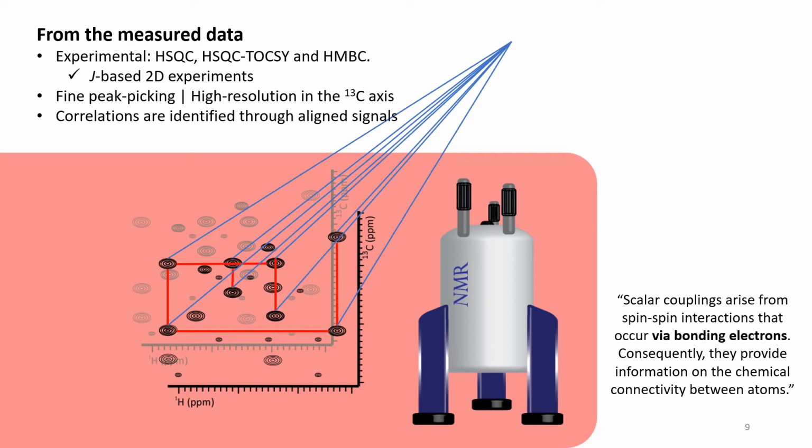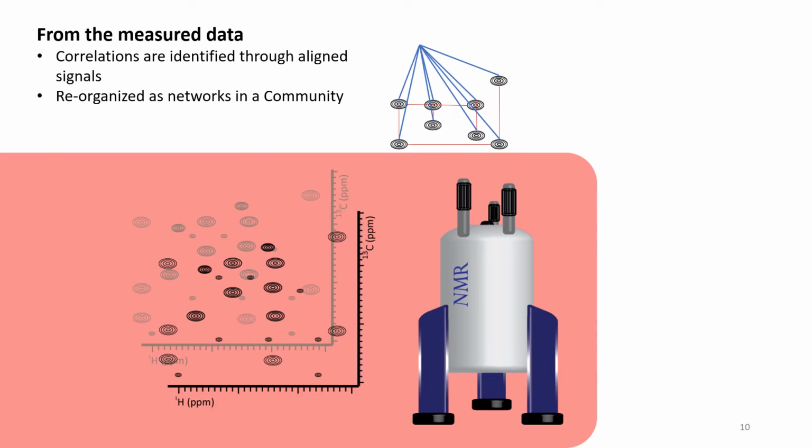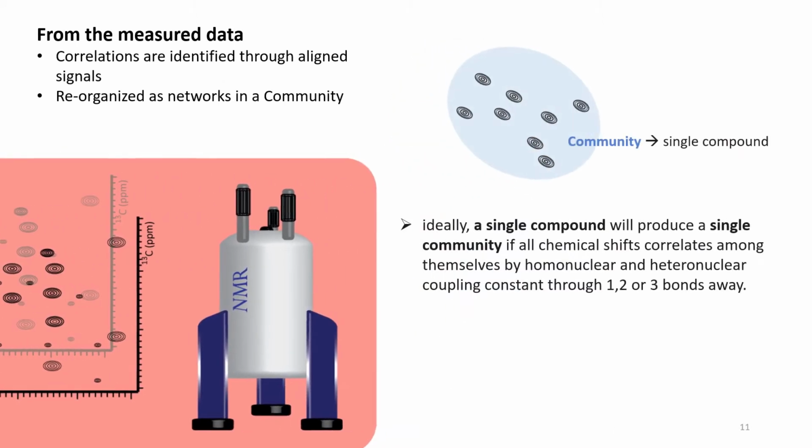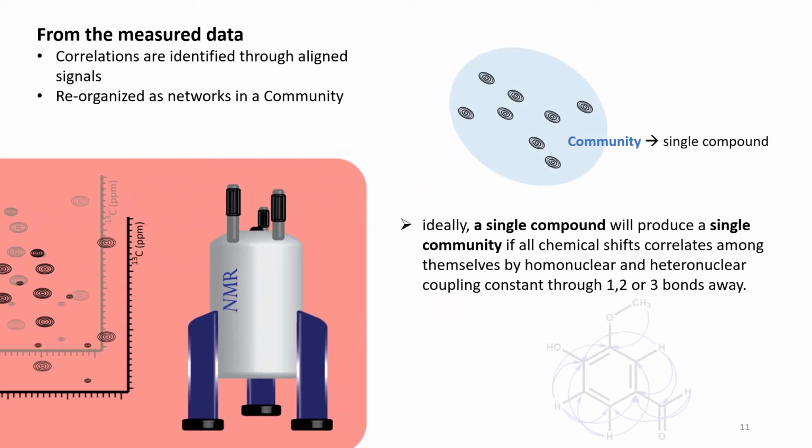My suggestion is to always use high resolution for the C13 axis, at least 1K points. Then these correlated chemical shift values will be reorganized as a community, and ideally a single compound will produce a single community if all chemical shifts correlate among themselves by homonuclear and heteronuclear coupling constants through 1, 2, or 3 bonds away.